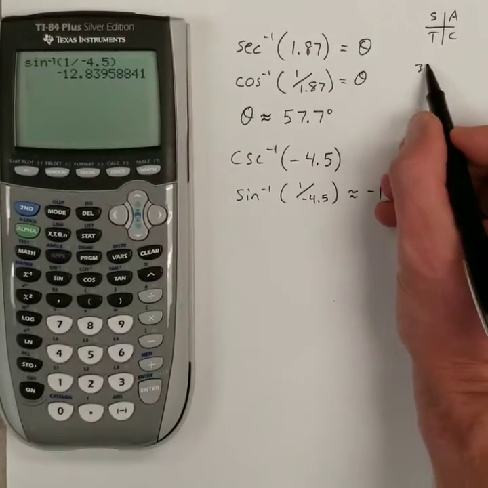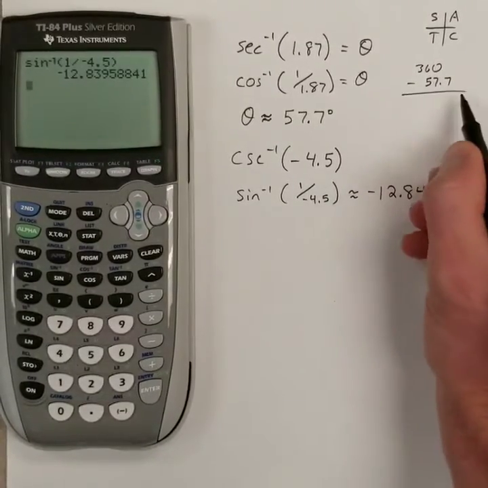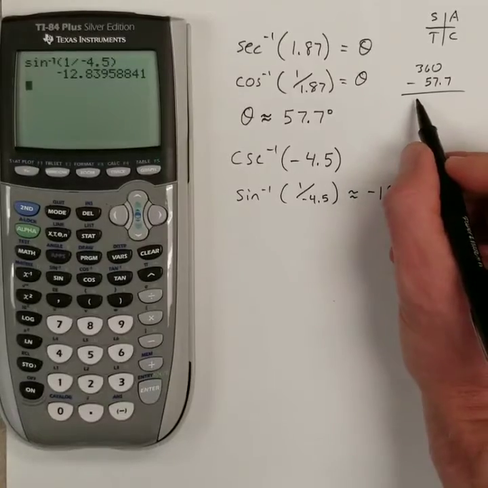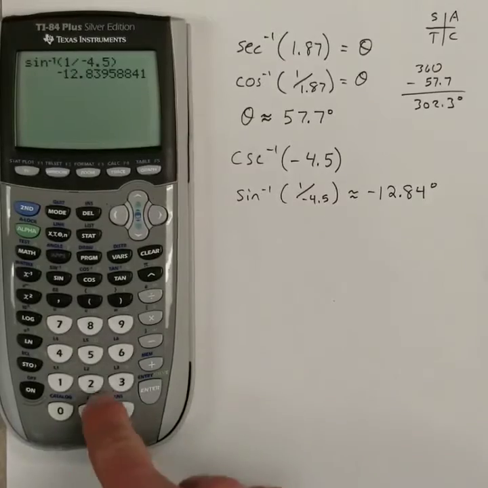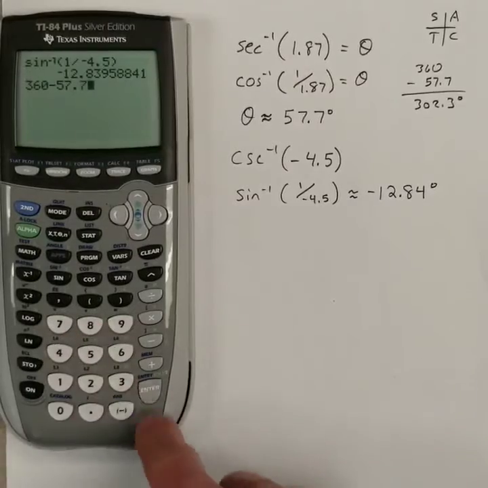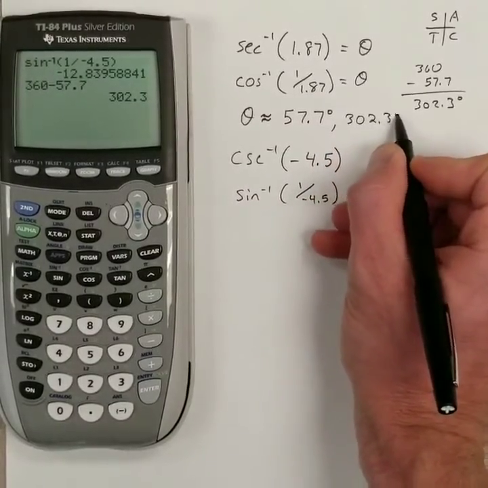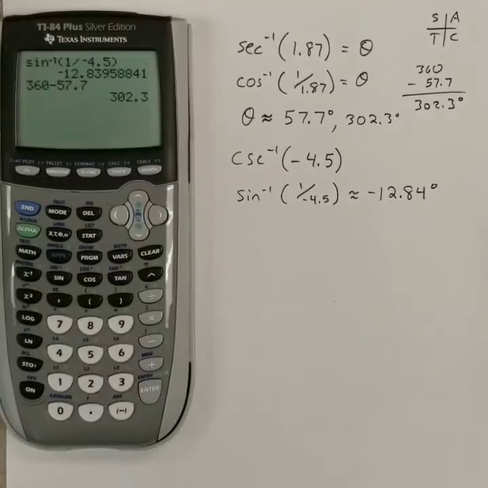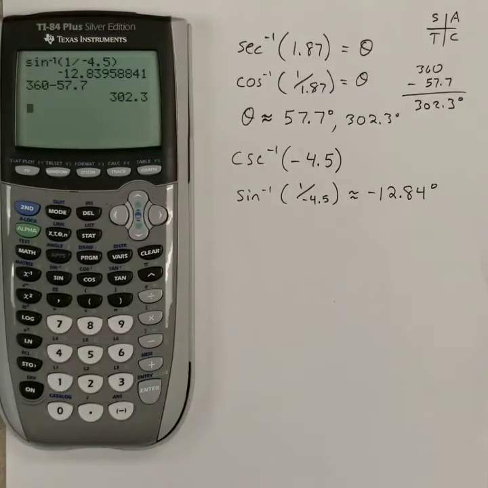It is, of course, 360 minus 57.7. And that should give you, what's that, 302.3? I believe. If I did that, let's double check it. 360 minus 57.7, 302.3. Yep, there it is. Okay, so there's actually two angles that give us a secant value of 1.87. Your calculator is only going to give you one of those angles.